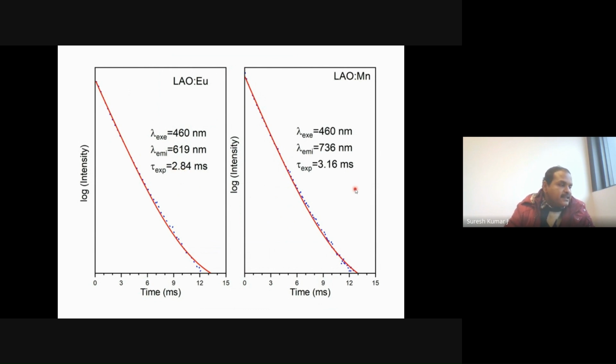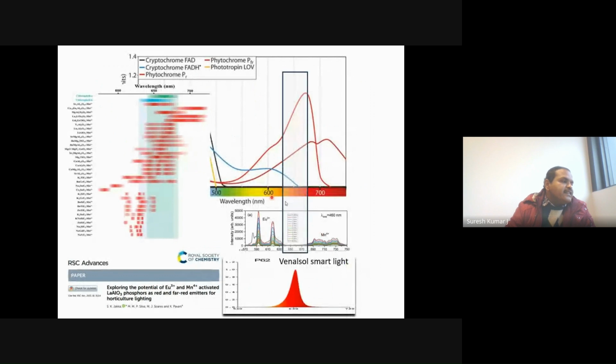If you see the PAR region of the plant in the red and far red region, our material, lanthanum aluminum oxide doped with europium and manganese, has emission from 570 until 750. There is a small gap here, which is covered by Vensol Smart Light.